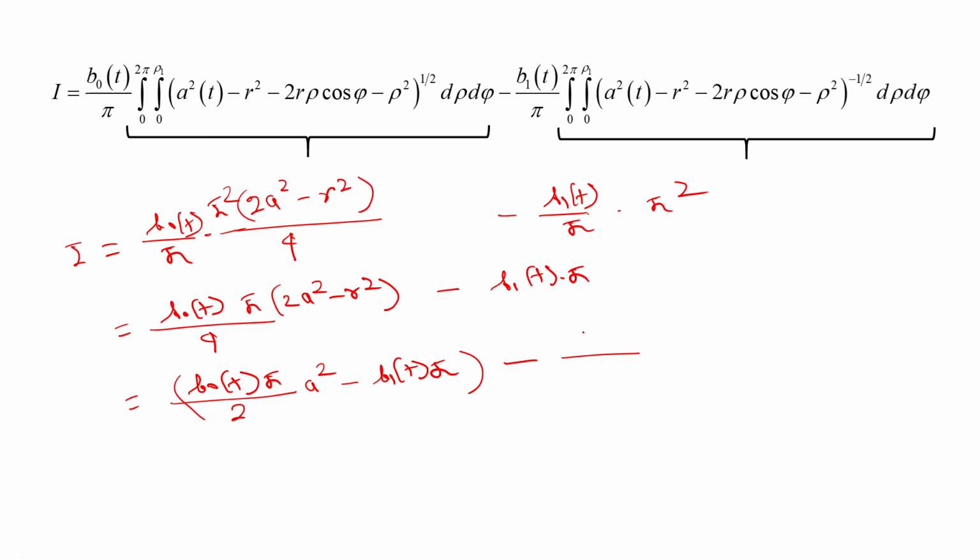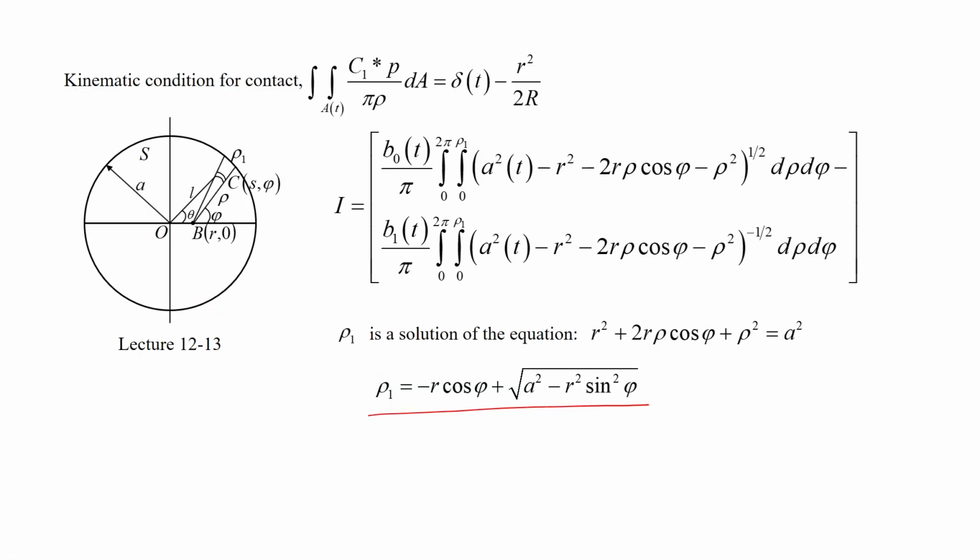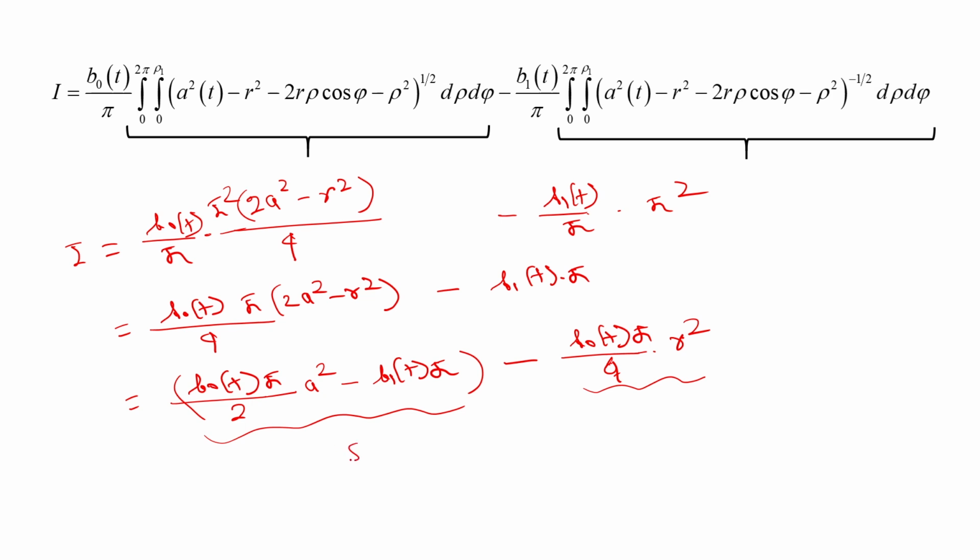I will write it here as b0 of t into π by 4 into r squared. This equation has to look like this expression over here, δ of t minus r squared by 2r.